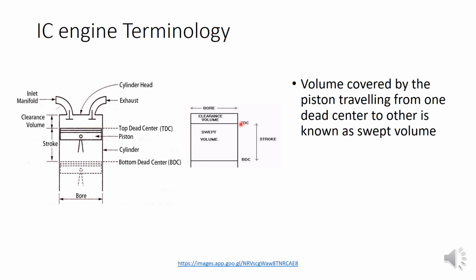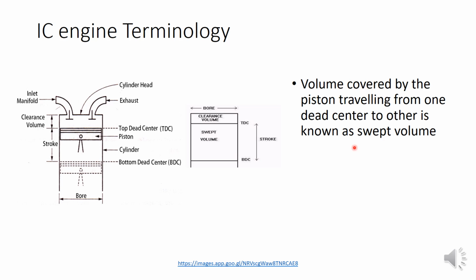The length covered by the piston moving from one dead center to the other is the stroke, capital L. The bore diameter is given, so the area will be pi by 4 d square. So pi by 4 d square into L will give the swept volume.